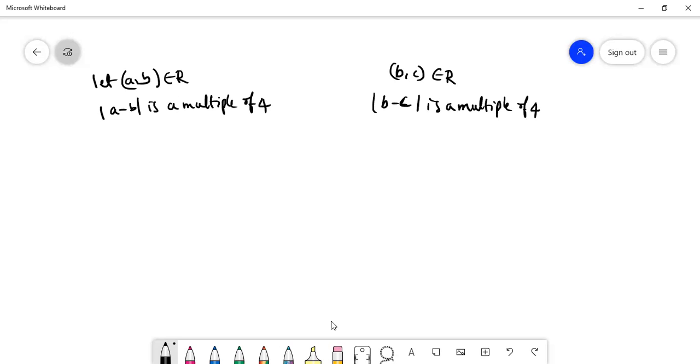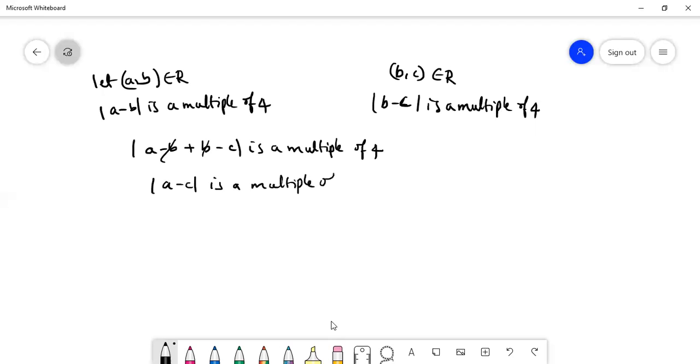So (a − b) + (b − c) is a multiple of 4.